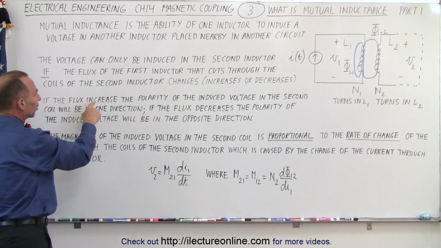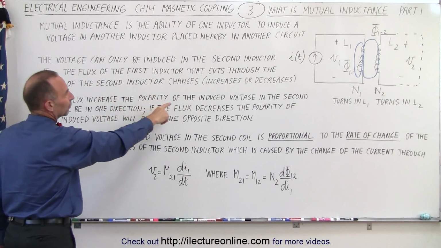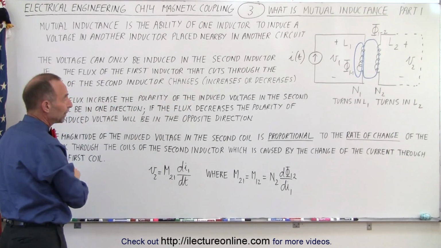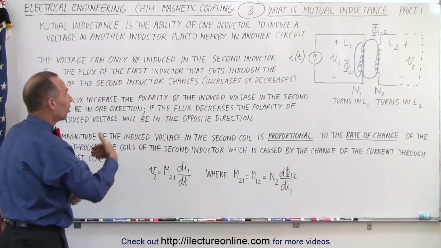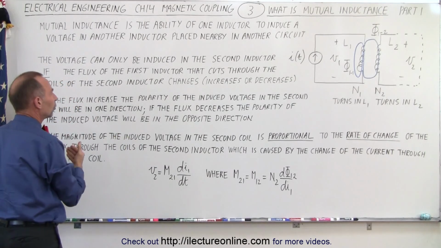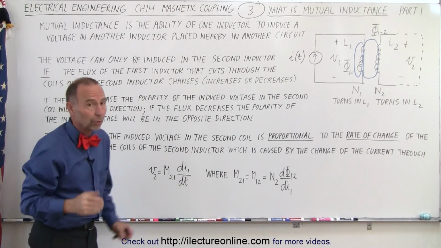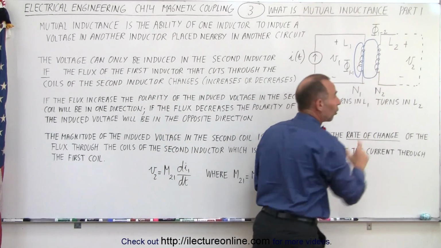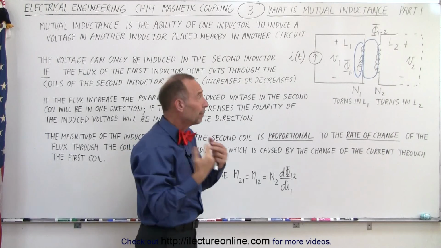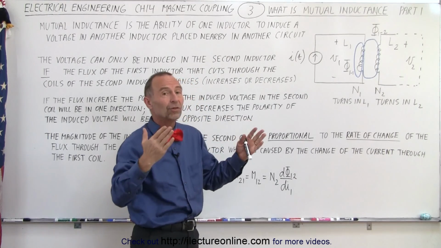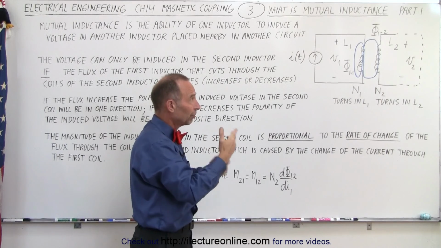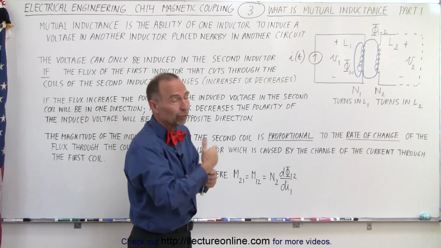Next, if the flux increases, the polarity of induced voltage in the second coil will be in one direction, and if the flux decreases, the polarity of the induced voltage will be in the opposite direction, which means that the polarity of the induced voltage in the second coil will depend upon whether the flux is increasing or decreasing.